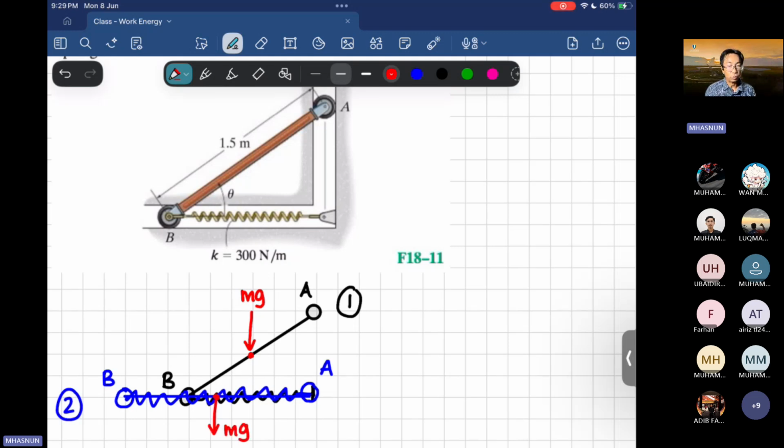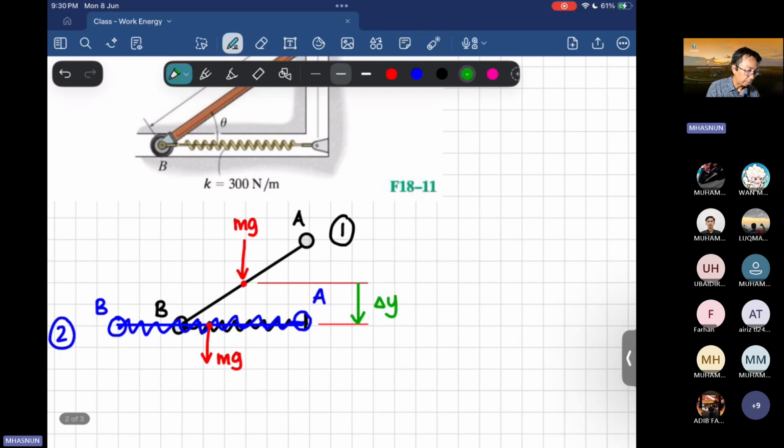So there will be work done by the weight, because here we have the change of height. Okay, so this will be our delta y. Delta y is going to be negative because it is pointing downwards. So this is our delta y, like that. Later we have to determine what is the value of delta y. That is one. Okay, so let's look at how we can determine the value of delta y.